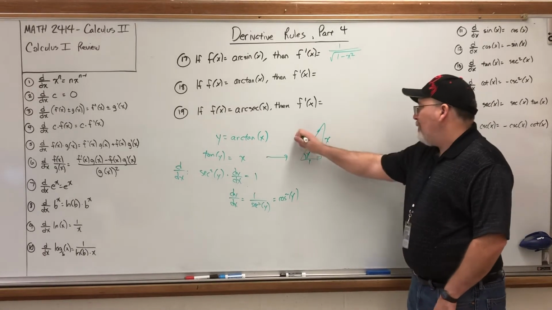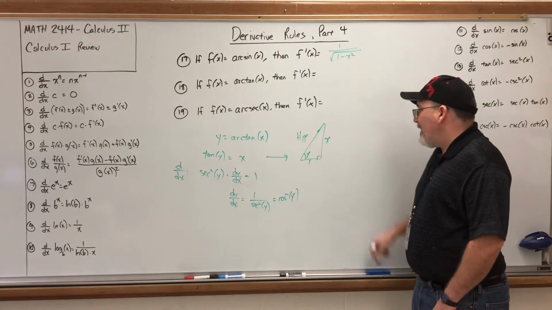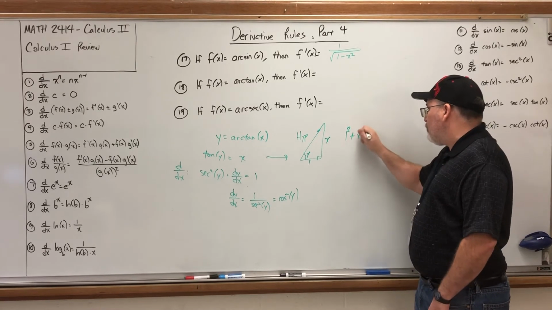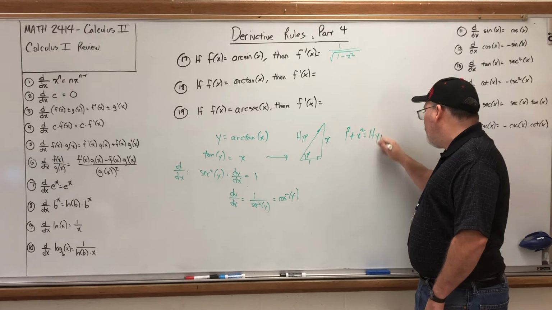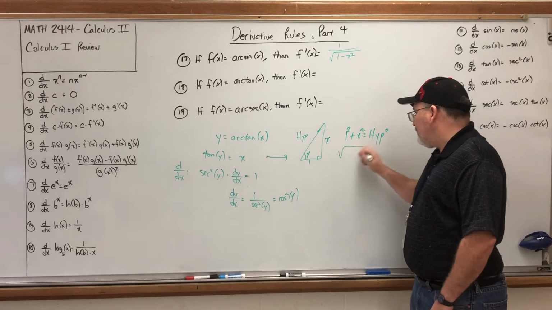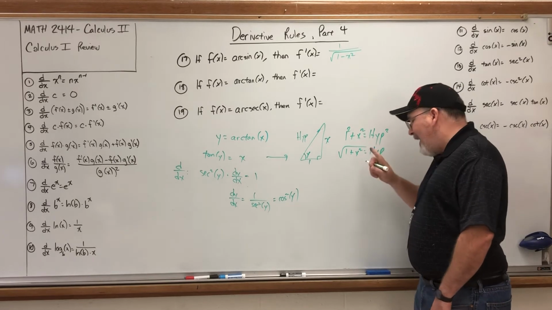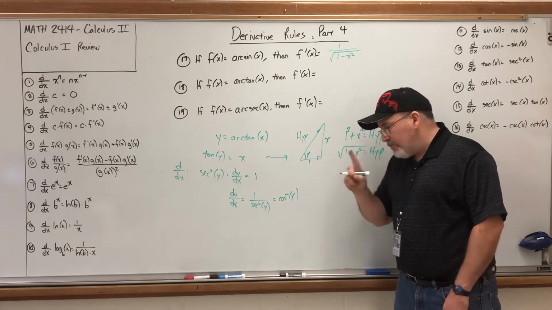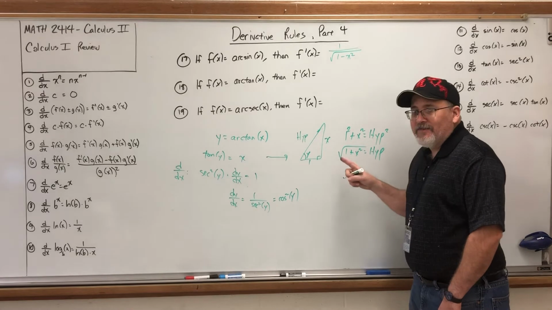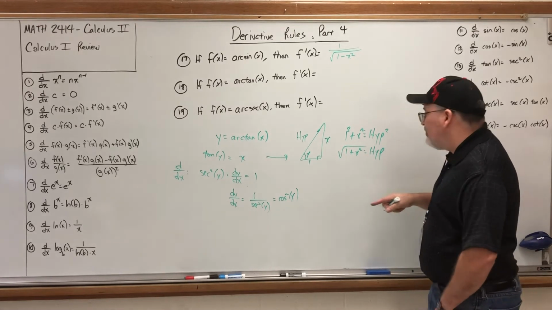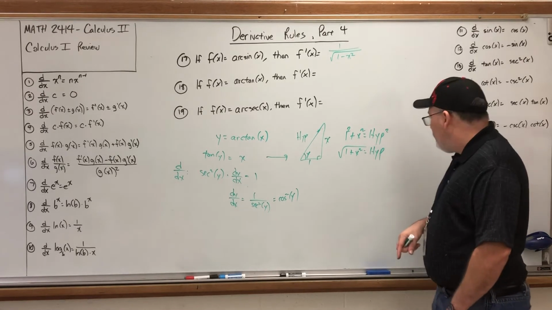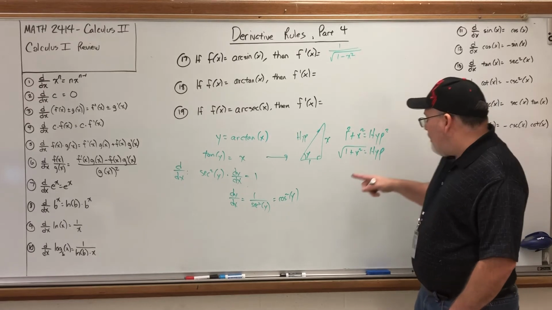So if we do the Pythagorean Theorem, we get 1 squared plus x squared equals the hypotenuse squared. So if we square root both sides, we get the square root of 1 plus x squared equals the hypotenuse. Do not distribute the square root across the plus. That is always bad. You cannot distribute square roots across pluses. So that's what the hypotenuse is.